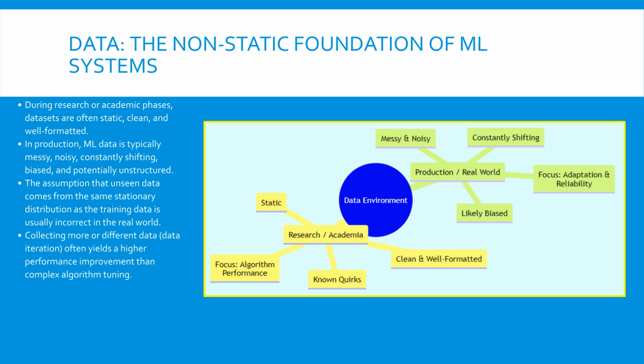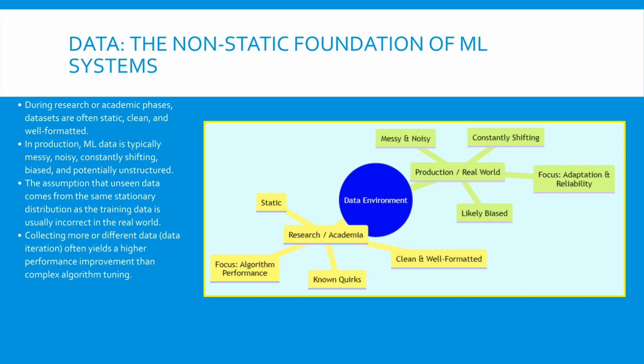This diagram contrasts the characteristics of data typically encountered in a research or academic setting with data found in a real-world production environment. In academia, data is often static, meaning it does not change, and is clean and perfectly formatted, allowing researchers to concentrate solely on algorithm optimization. However, once an ML system is deployed, the data it encounters is constantly shifting and changing, making the environment dynamic.